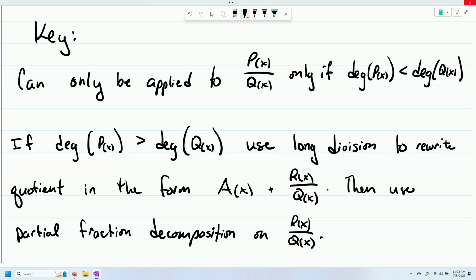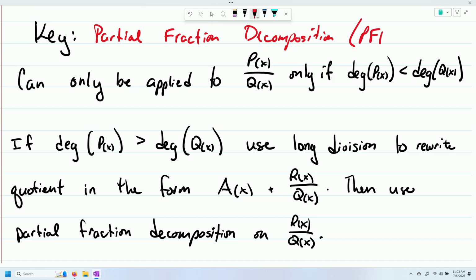All right, so here's the key to applying partial fraction decomposition, which we normally abbreviate as PFD. This can only be applied to a rational expression with P of x in the numerator and Q of x in the denominator, and only if the degree of the numerator is less than the degree of the denominator.